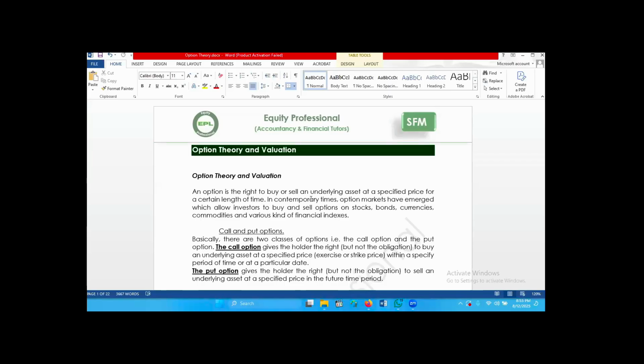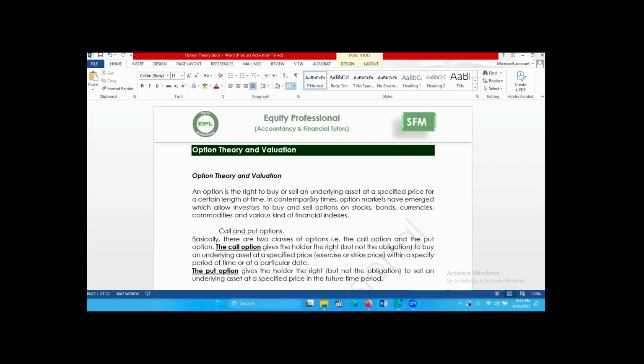The option market has emerged in contemporary times, just as you have the stock market. The stock market is a market where you can buy and sell stock. You have the currency market, where you can buy foreign currency or sell foreign currency.